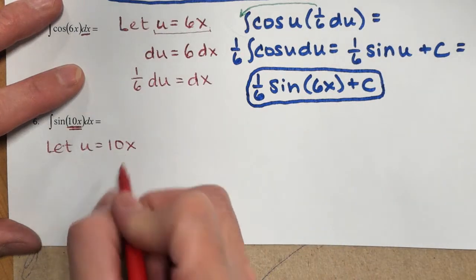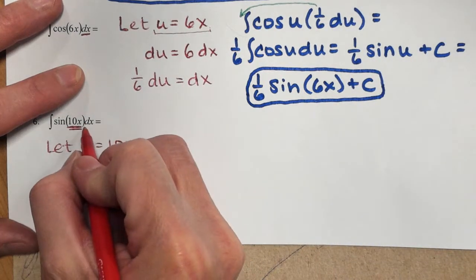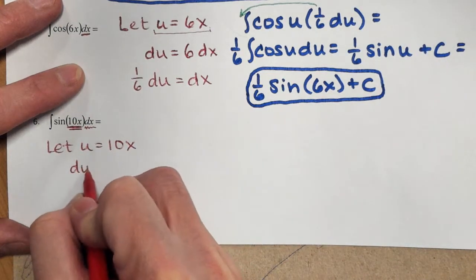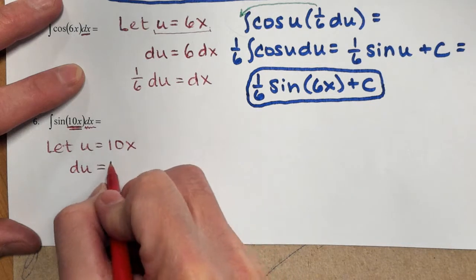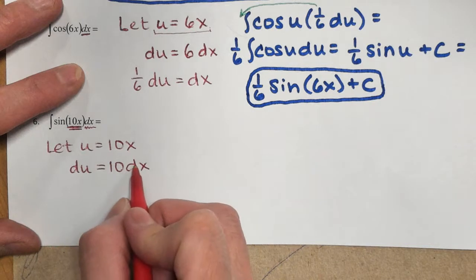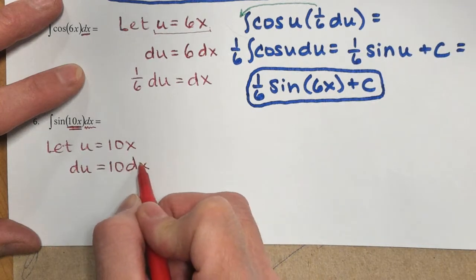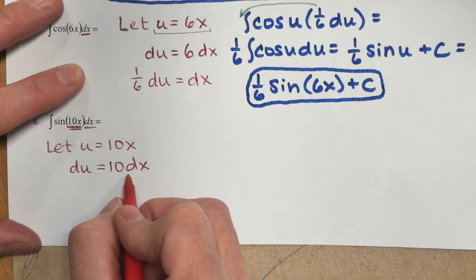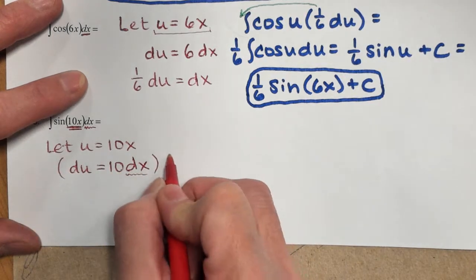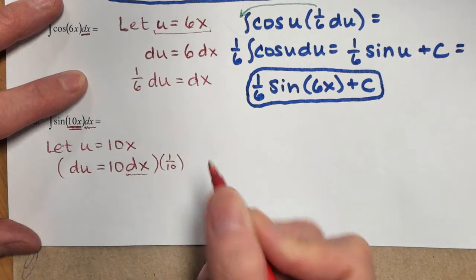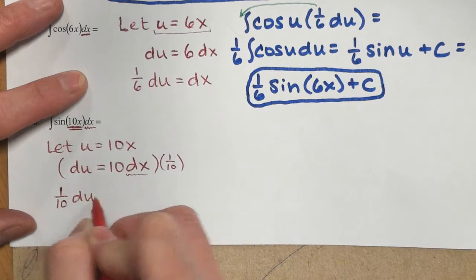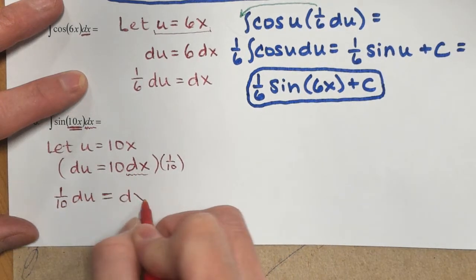I'm going to take the derivative of both sides of that because I need to know what dx is going to equal. So the derivative of u equals 10 times the derivative of x. Du equals 10 dx. And I need to get the dx by itself, so I'm going to multiply both sides by 1/10. So this is 1/10 du equals dx.